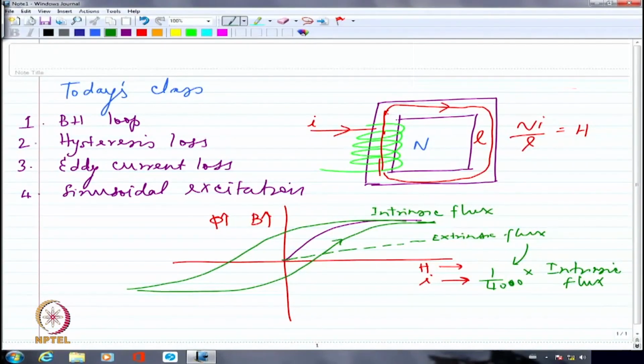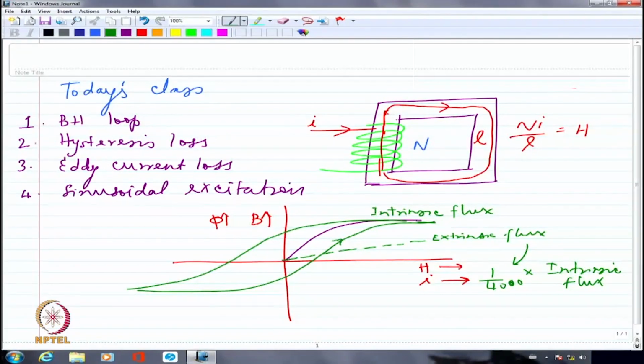So at that point in time, whatever is the current that I am applying to this wire which is wound around the ferromagnetic core, that current multiplied by the voltage that I am applying is the instantaneous power I am inputting to the circuit. That is essentially aligning the core and hence does some work on these domains.